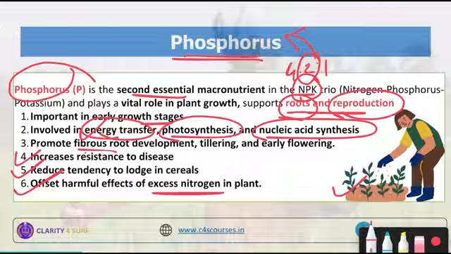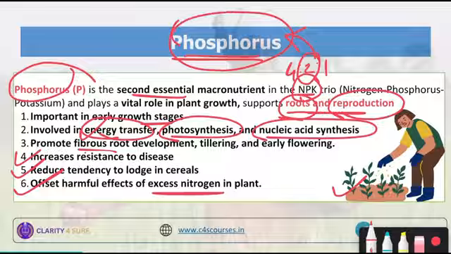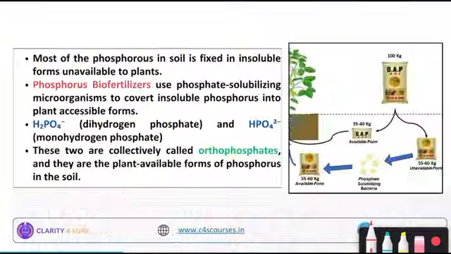So we want to ensure the proper supply of phosphorus, and anything which is hindering that supply, we want to seek a solution for it. This is the motive of PSB. Let's see what we are talking about here.